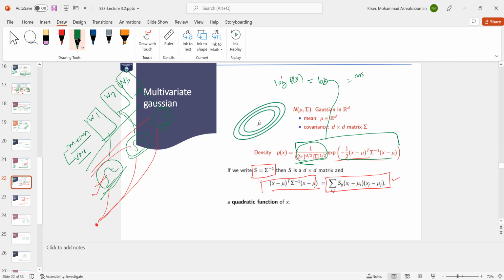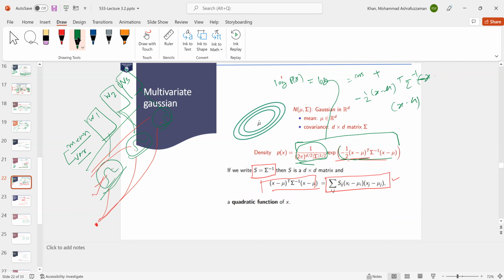Constant term plus e to the power something. So if we take log of e to the power something, we get the power value, and the power value is negative. So we'll get minus half (x minus mu)^T (x minus mu), something like that.